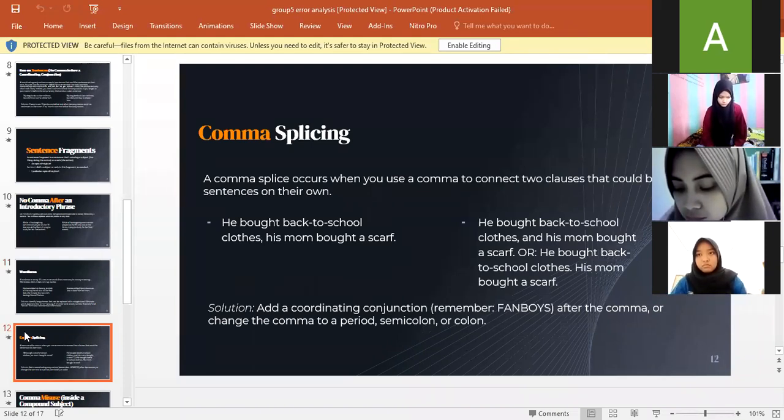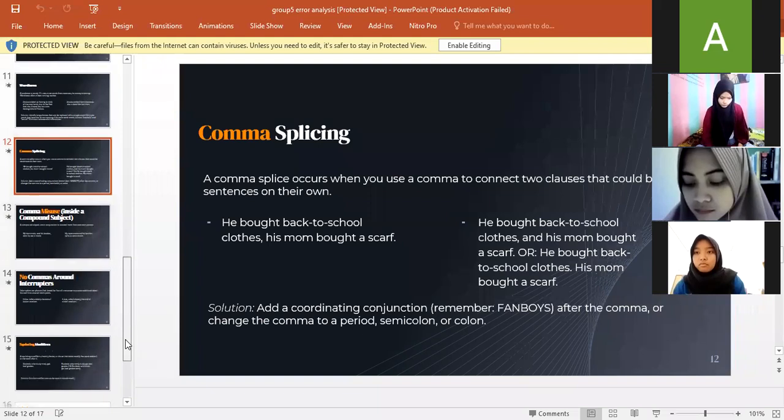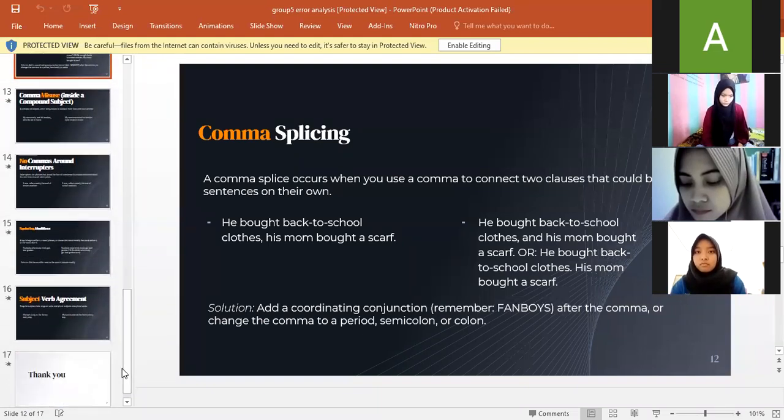Or it could be: He bought back-to-school clothes; his mom bought a scarf. The solution here is to add a coordinating conjunction. Remember the FANBOYS, the conjunctions? So we put that after the comma, or change the comma to a period, semicolon, or colon. Next.